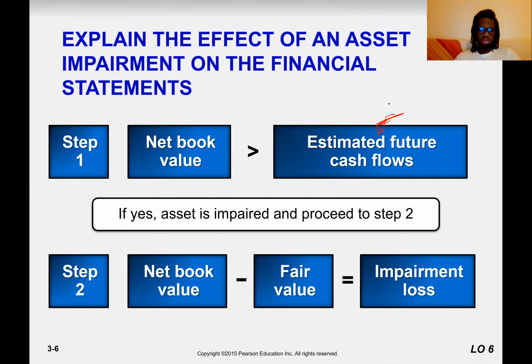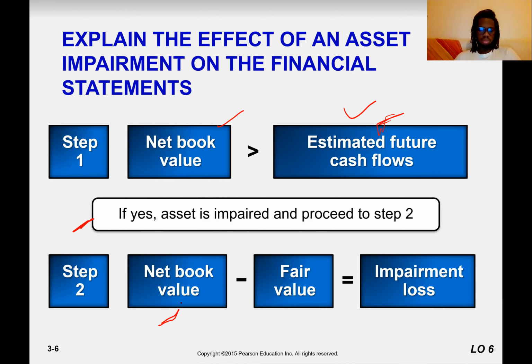If the first step is satisfied, that the book value is greater than the estimated cash flows, that whatever is written in our books is a higher value than the future cash inflows towards the organization, it means we need to test for step 2. If that doesn't happen, then no impairment is going to be recorded.